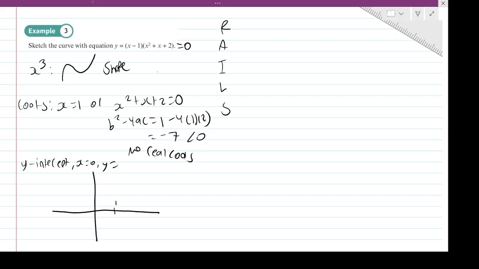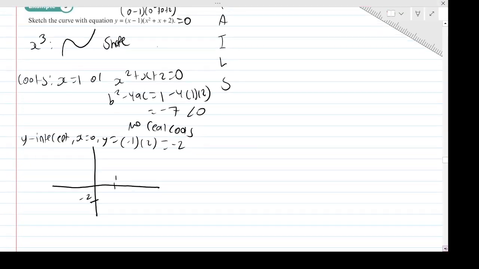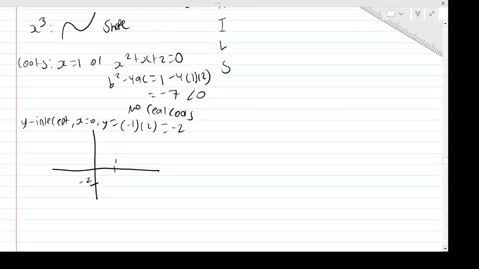So 0 minus 1, which is minus 1, times by 0 squared plus 0 plus 2. So times that by 2, I get minus 2. So it's going to cross down here at minus 2, right? So then you might be thinking, well, so then it passes through these 2 points, my x and the y axis here, and it has that sort of shape.